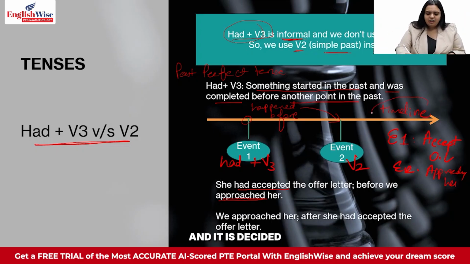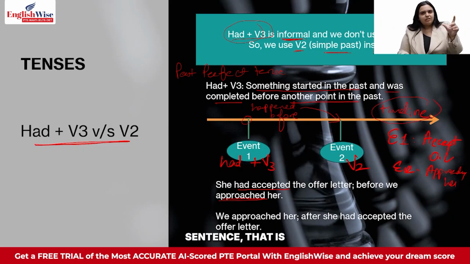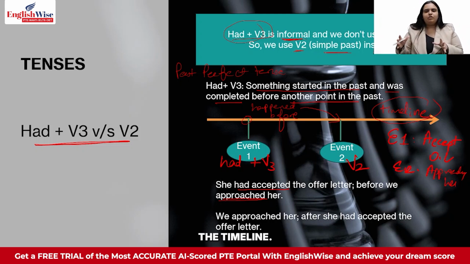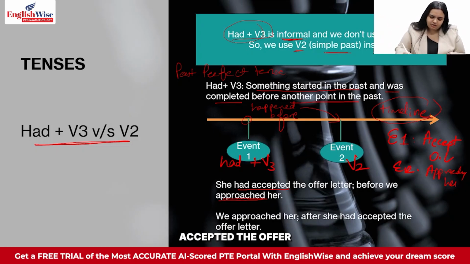And it is decided on the basis of the timeline, guys. A lot of times students feel that whichever event is given first in the sentence is more past. That is not how it works. It is based on the timeline. So if you look at the second sentence here, I have rephrased it in a way that I am putting had plus V3 in the later part. Like, we approached her after she had accepted the offer letter.